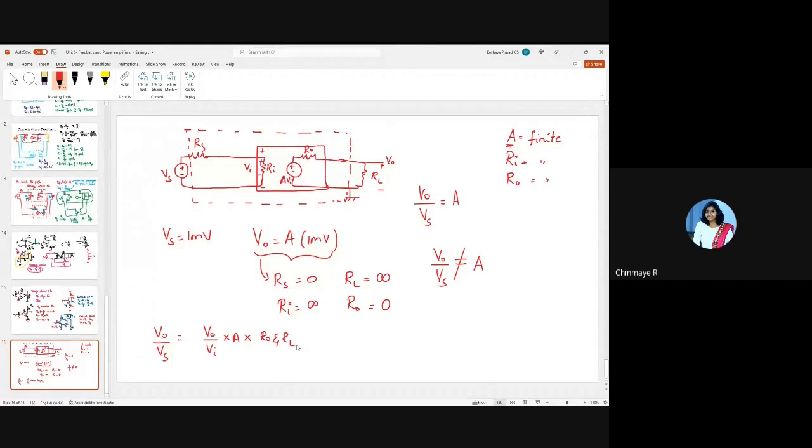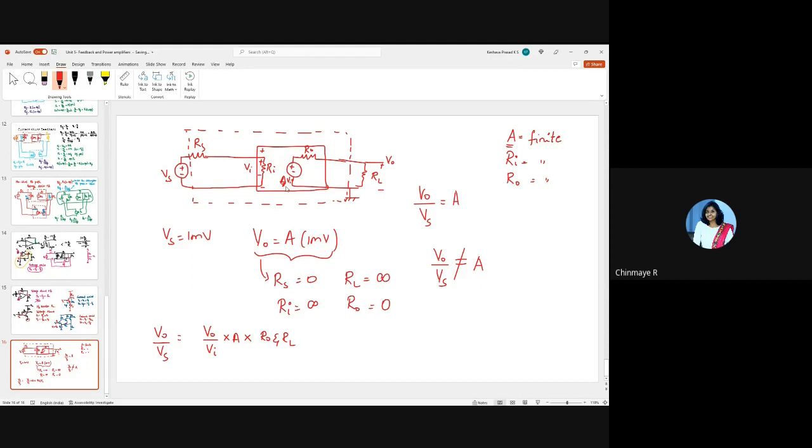In a practical case, even though I say the open loop gain of the amplifier is A, the gain V0 by Vs is not equal to A. The gain that will be given in the problem is the gain under ideal conditions, so you directly take that.